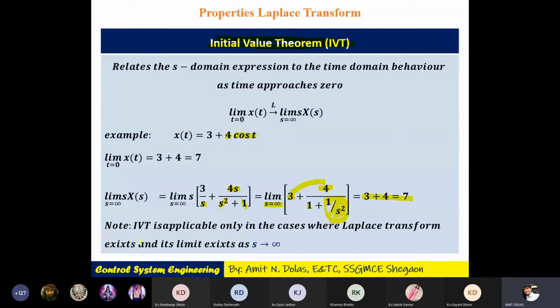That's it. So note, the initial value theorem is applicable only in cases where the Laplace transform exists and its limit exists as s tends to infinity.